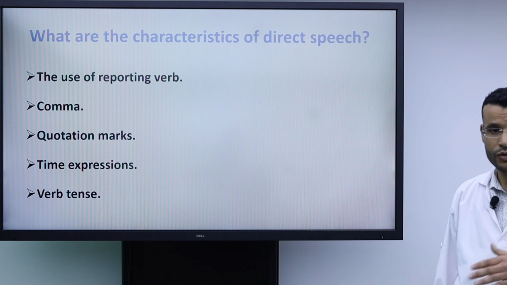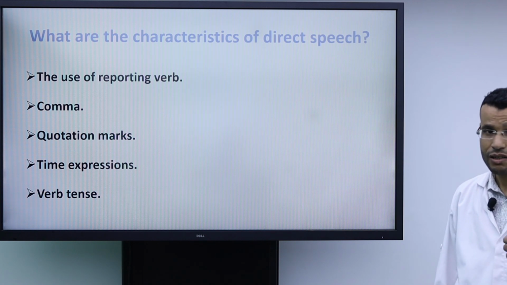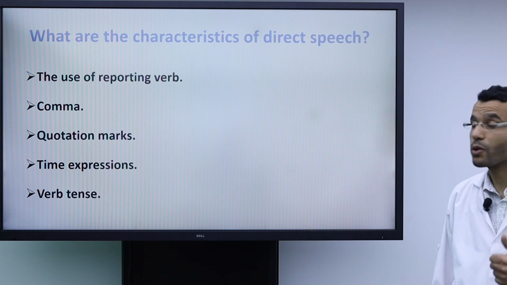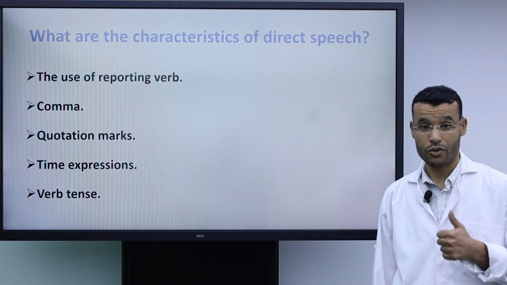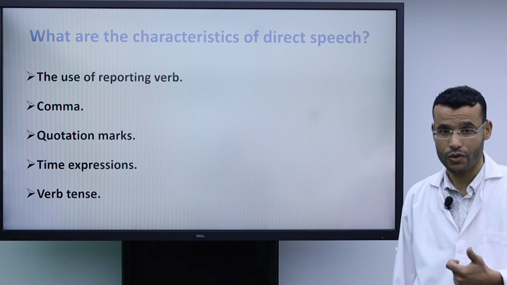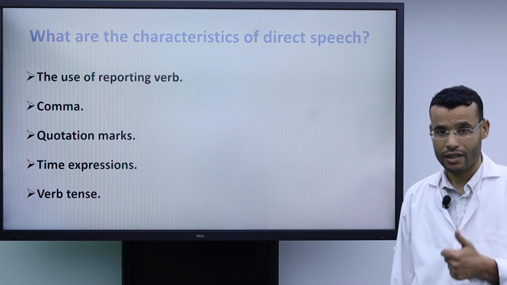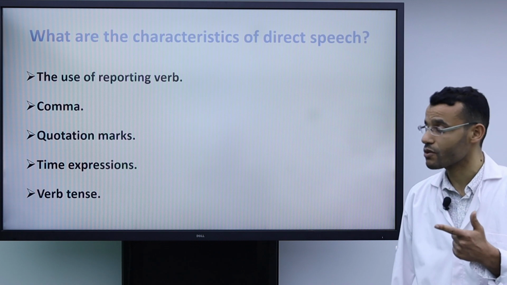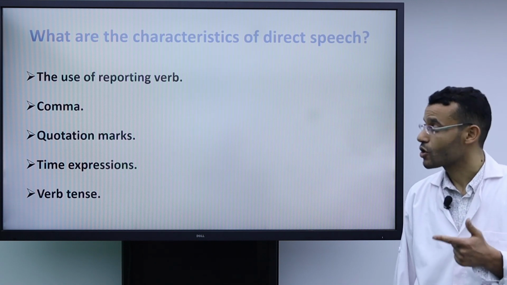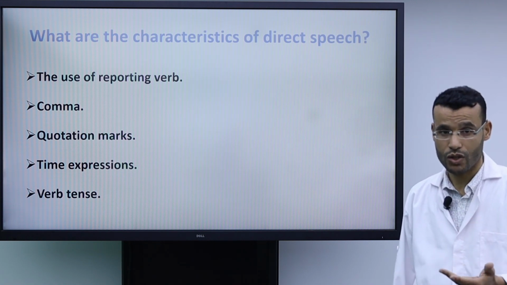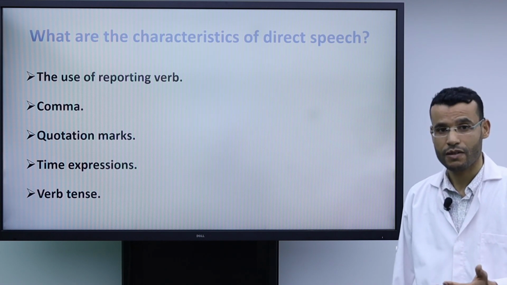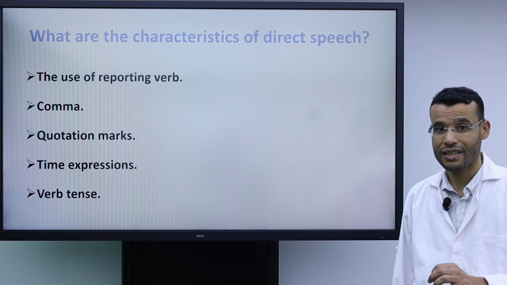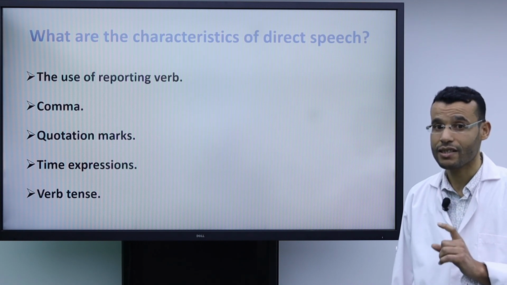The characteristics of direct speech are, first, the use of reporting verbs, which are also called introductory verbs. Second, we find commas and quotation marks, and time expressions and verb tense. So these are the characteristics of direct speech.